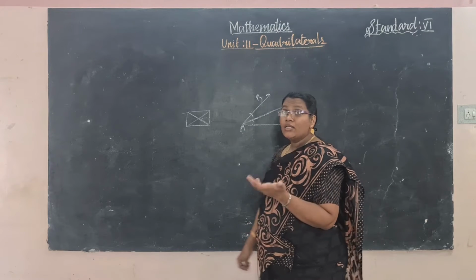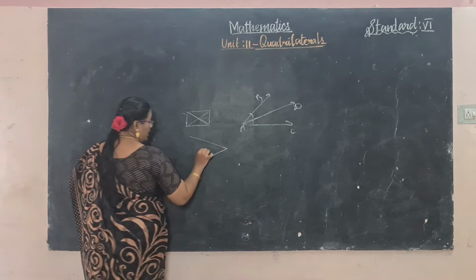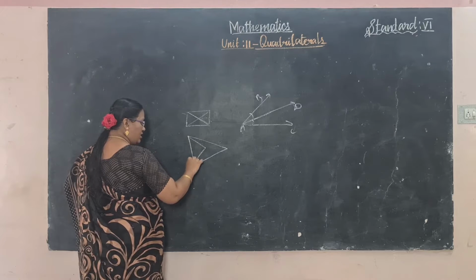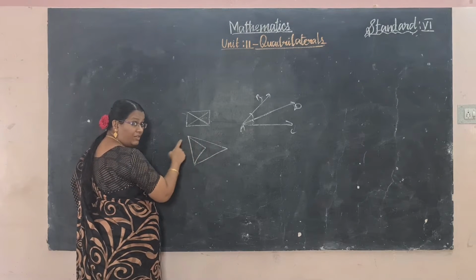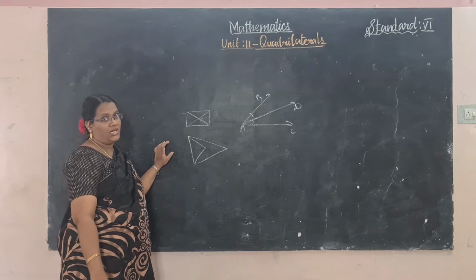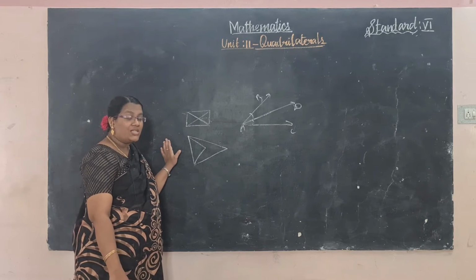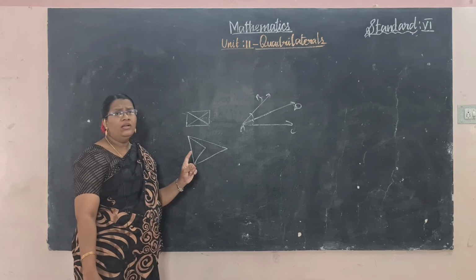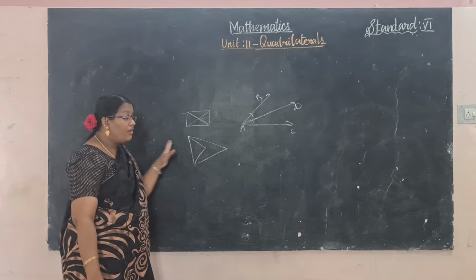And then concave quadrilateral means, see one example like that. It's a quadrilateral and 2 vertices join outside of the boundary. It's called the concave quadrilateral. In a concave quadrilateral, at least one angle is a reflex angle.